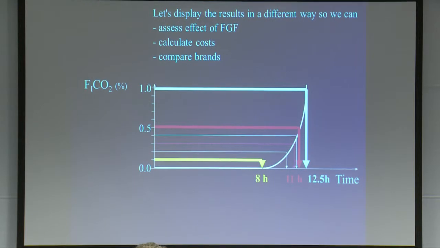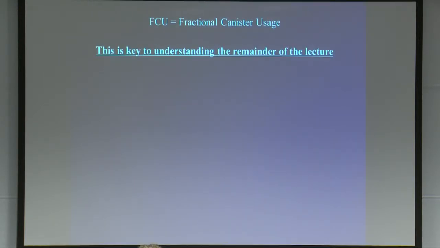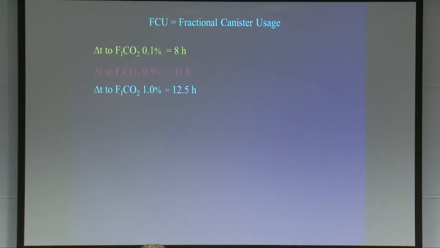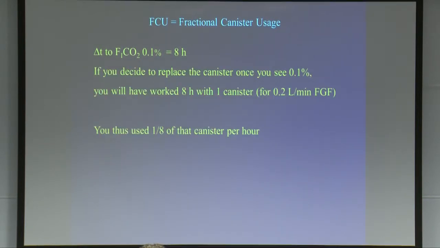Now let's display these results in a different way so we can assess the effect of fresh gas flow, calculate costs, and compare different brands. And what I'd like to use for that is what I call the fractional canister usage. This is key to understanding the rest of the lecture, so I'm going to explain it in a few slides. As I mentioned, with the 0.2 liters per minute fresh gas flow, it took 8 hours, 11 hours, 12 hours to get the FiCO2 to rise to 0.1, 0.5, and 1%.